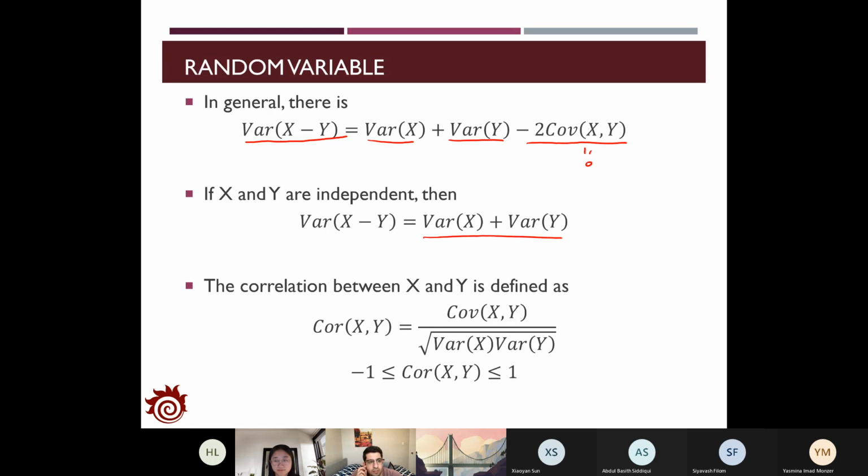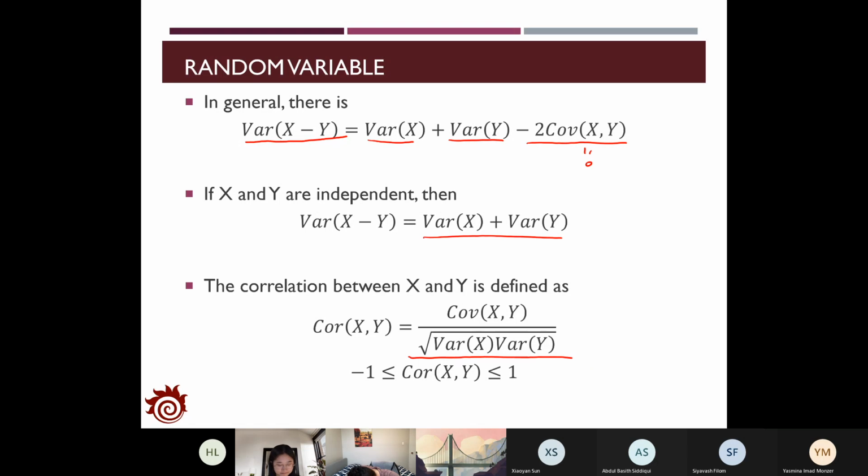And the other thing that we want to define is the correlation. It's another measurement related to the covariance, but it tries to narrow down the range to between -1 and 1. The correlation is defined by this equation. It shows the ratio between the covariance of x and y and the square root of the variance of x times the variance of y.